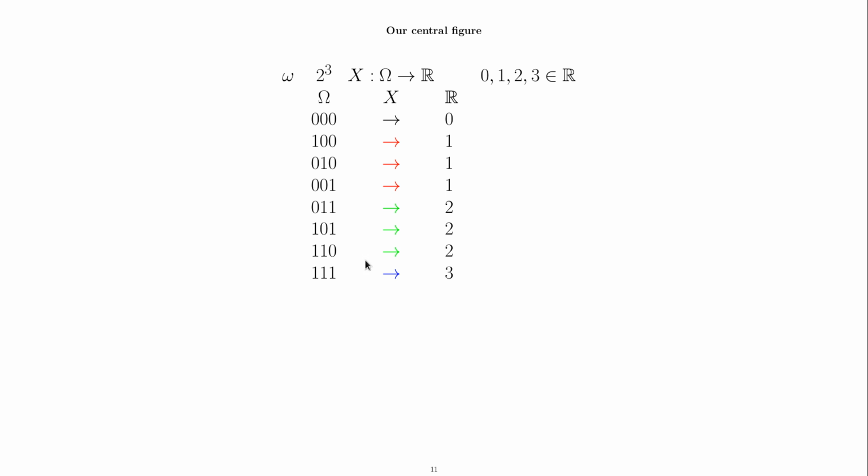But it is the structure of X here, right? These 4 different colors and the number of colored arrows that is going to tell us about the probabilities of X that we care about, not anything in here in the reals.